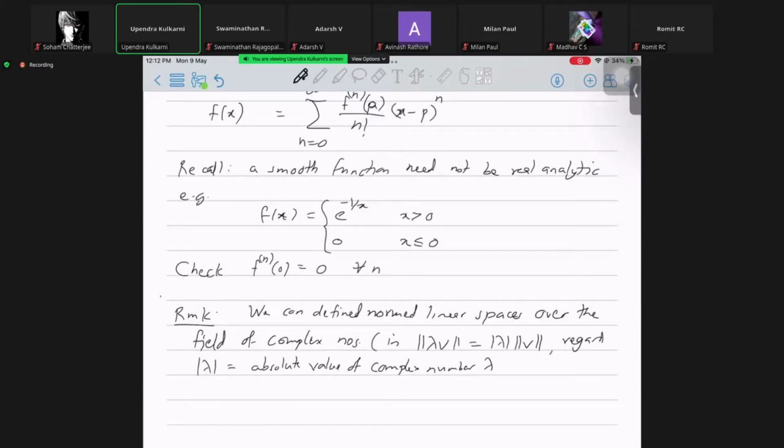Yeah, so I should really say the underlying field is the complex numbers, but the norm is not a complex number. The norm still continues to be a non-negative real number, which is 0 only for the 0 vector. So usual.